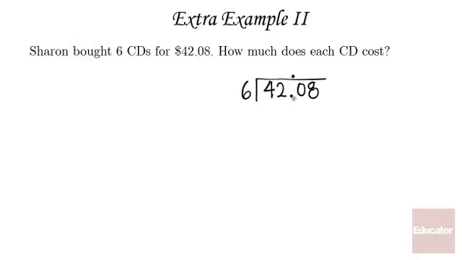So 6 goes into 42. How many times? 7. So 6 times 7 is 42. That becomes 0. I have to bring down the other number, 0. 6 goes into 0 times. And that's 0. Bring down the 8. 6 goes into 8 one time.